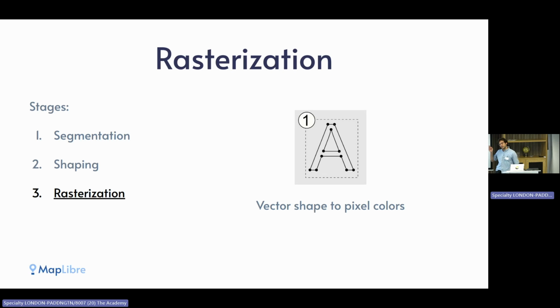Now regarding the last part of this pipeline you have to do for text rendering, the rasterization. The problem that is left now is you get in your font the vector shapes, right? These are Bezier curves or so, but you want to color pixels. So that's something you have to do.